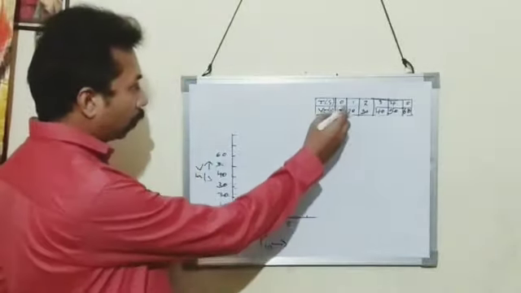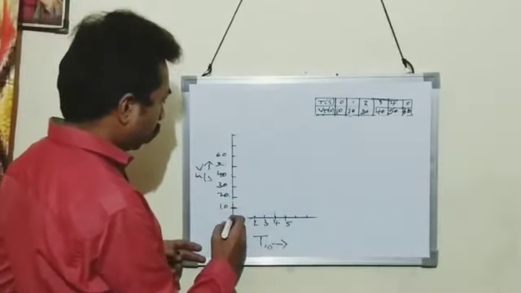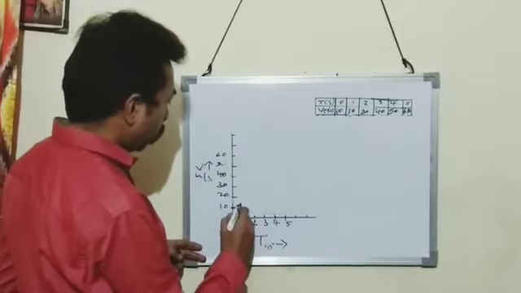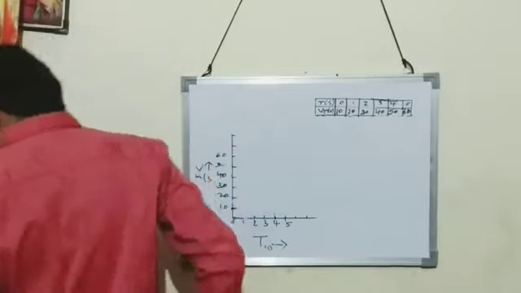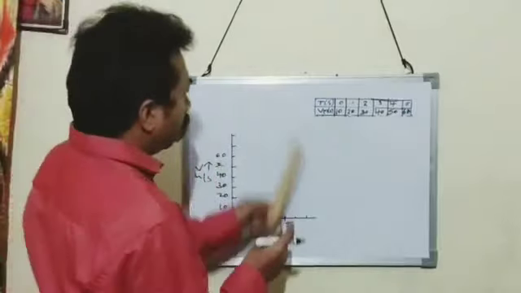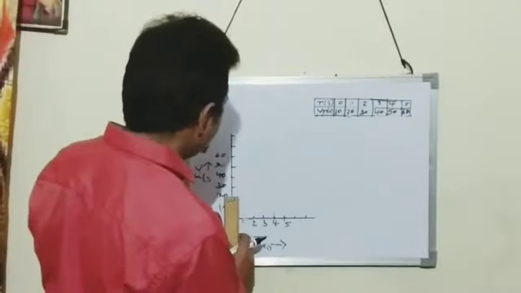So at 0, the velocity is 10, and at 1 second, it is 20.